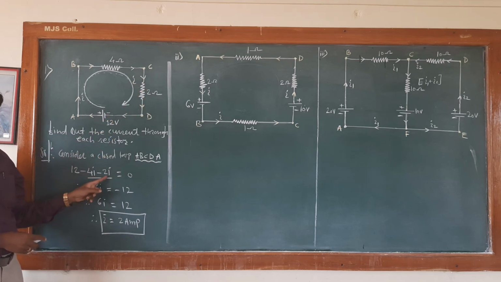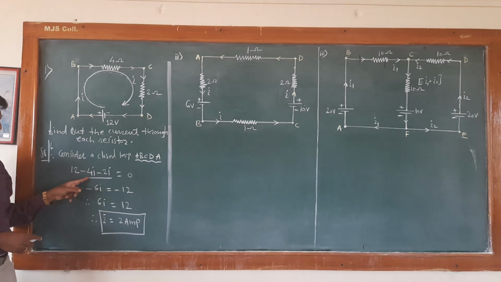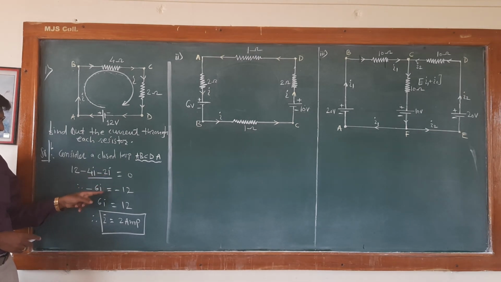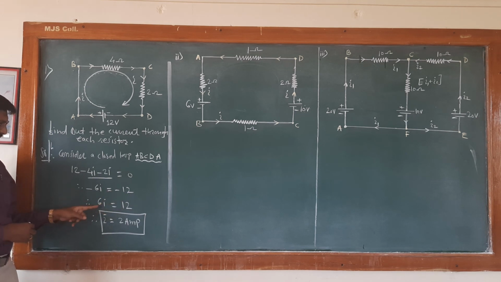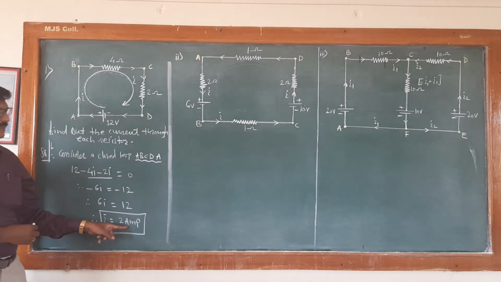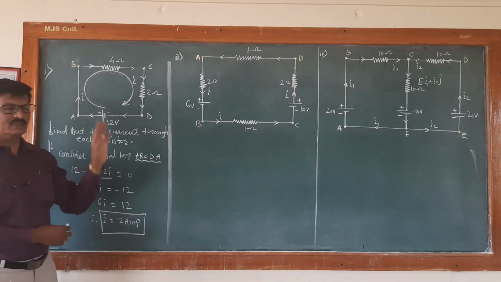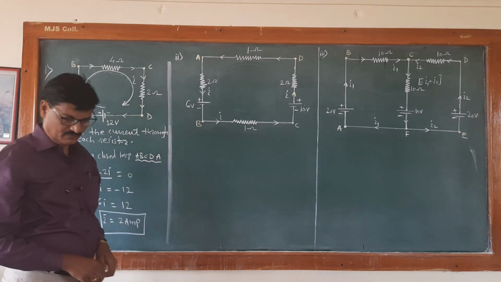Therefore, it becomes minus 2I. This minus 2I and minus 4I becomes minus 6I. This 12 goes to the right hand side, it becomes minus. Therefore, minus 6I is equal to minus 12, and that's why this minus minus becomes plus. 6I is equal to 12. Therefore, I is equal to 12 divided by 6, that is 2 ampere. And that's why the current flowing through each resistance is 2 ampere.